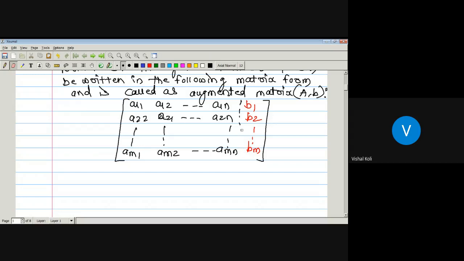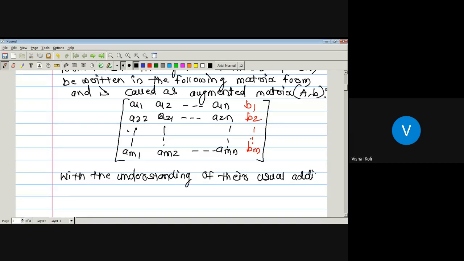Okay, now if we apply the row transformations and column transformations on this one, then we have to apply them on this one also, with the understanding of the usual addition and multiplication of coefficients.